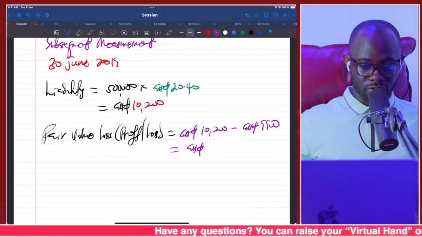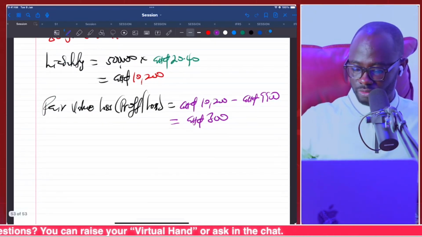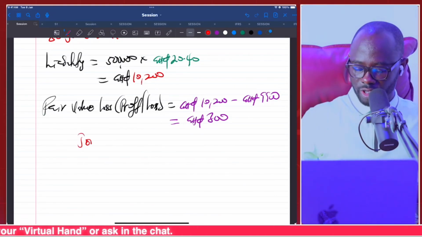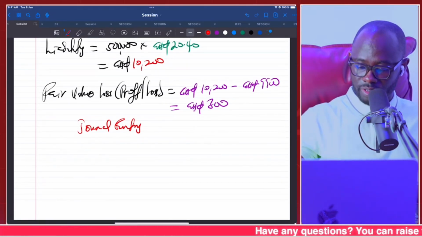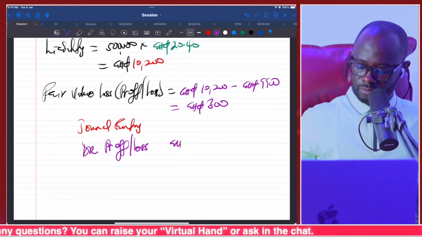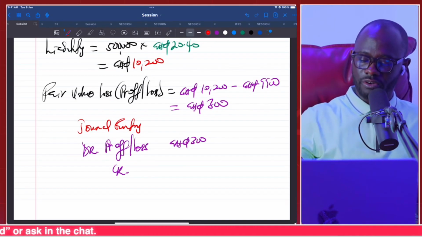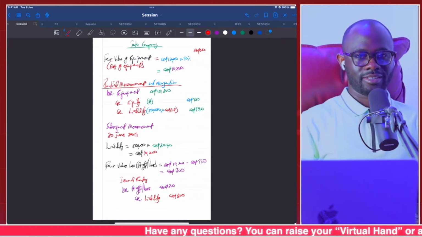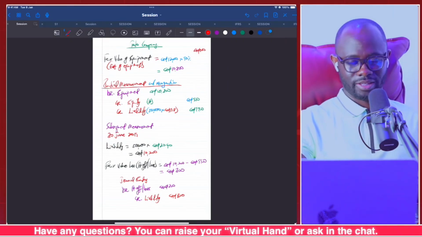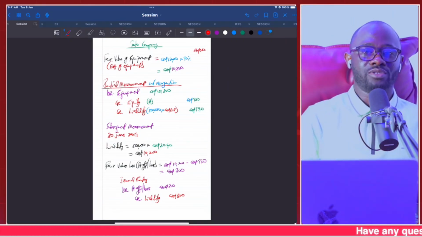What am I getting? 300. Okay. That goes to the P&L. So I can pass a journal entry here to say that we debit profit or loss, because the liability has gone up, it's a loss. And then we credit the liability with 300. This is how we deal with share-based payment where the third party has an option.